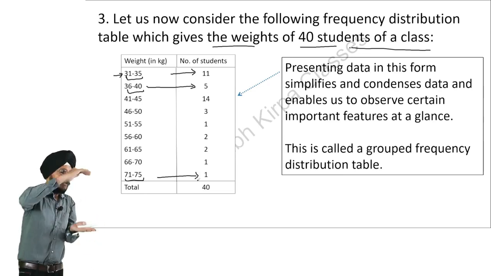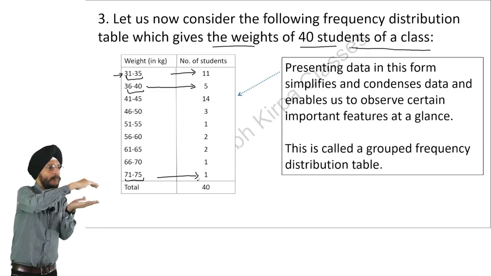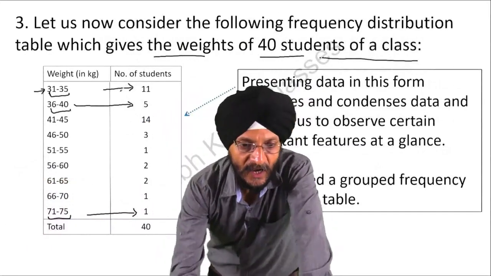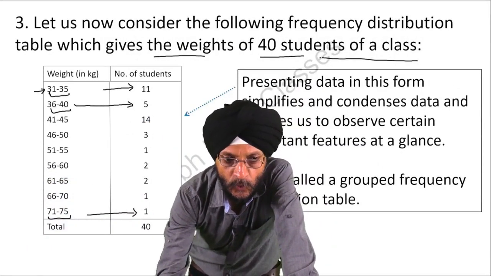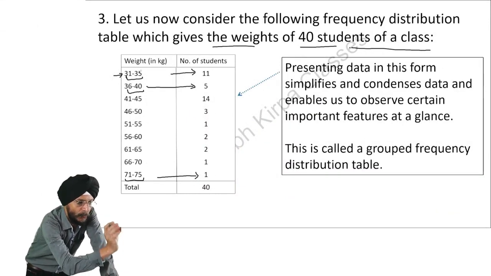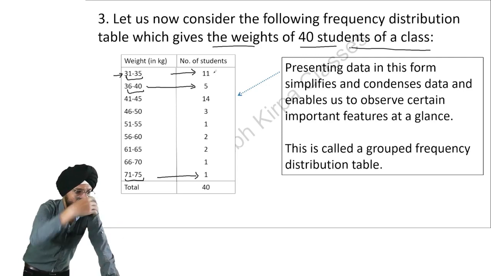That is, the number of students who fall in the group of a particular weight are grouped together. This is the grouped frequency table, where we have formed the groups of weight, and we have mentioned the number of students against that.